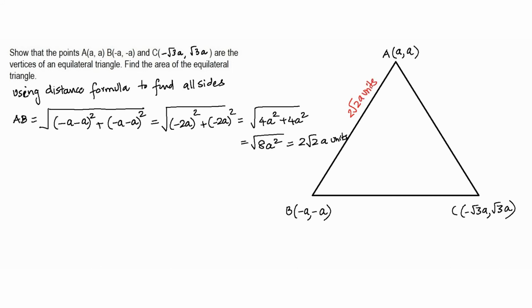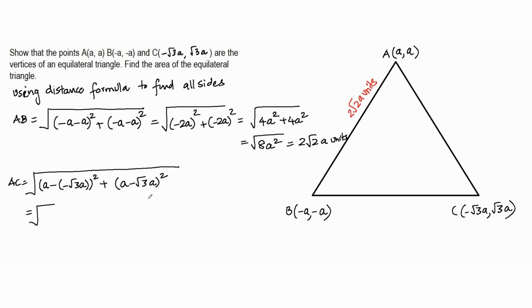Let us now find the distance AC. So using distance formula, AC is going to be under root of. So when I calculate AC, I should be taking coordinates of A and C. So it is going to be (a minus of minus root 3 a) the whole square plus (a minus root 3 a) the whole square.